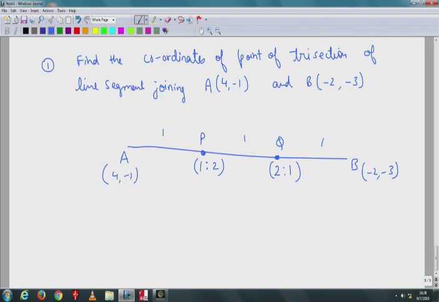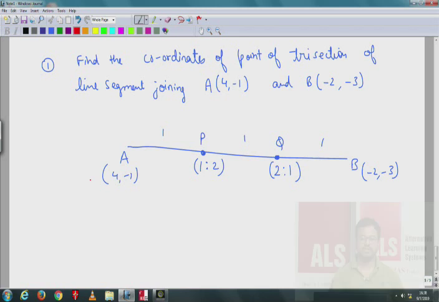Okay, Presidency College, we just have to substitute the values in the formula. Okay, Senapati, you are getting the answer 2 comma minus 5 by 3 and 0 comma minus 7 by 3. That's right, Senapati. Okay, now let me solve this question.